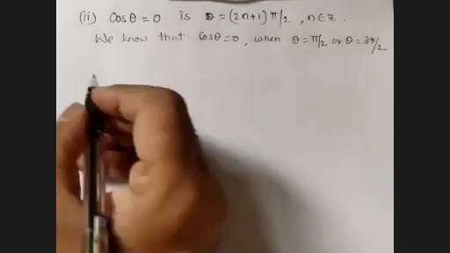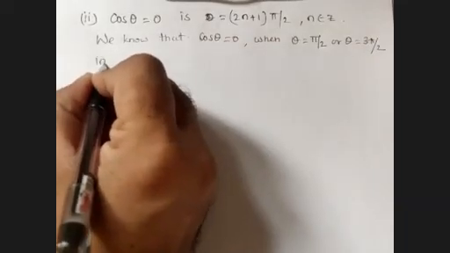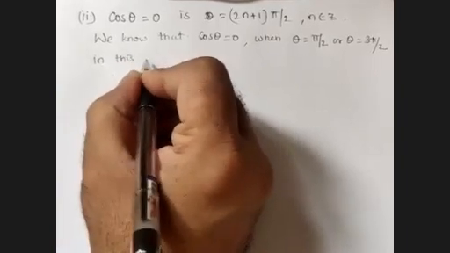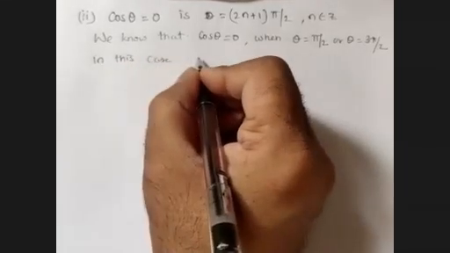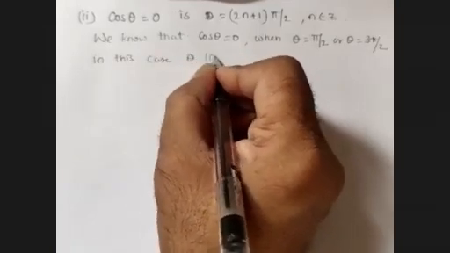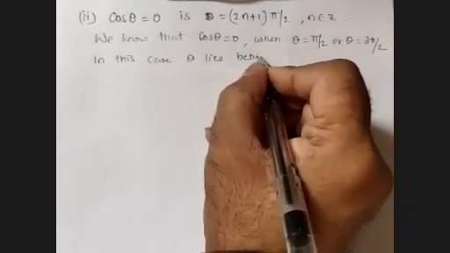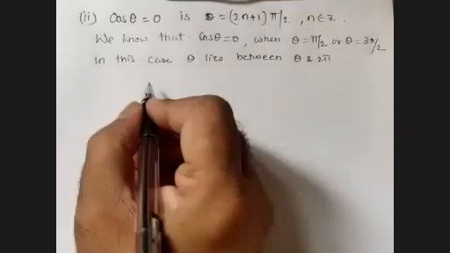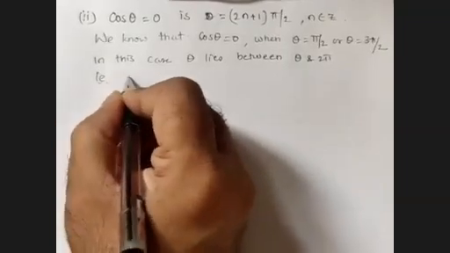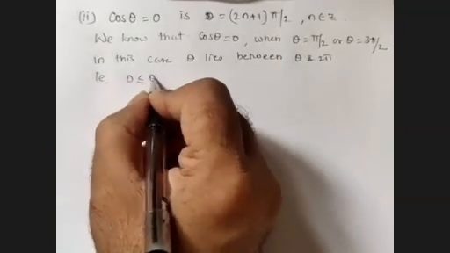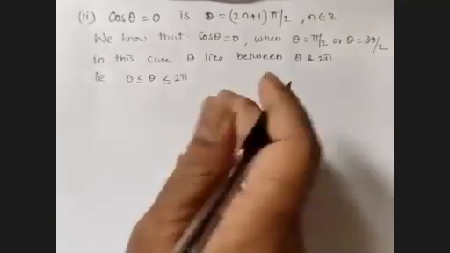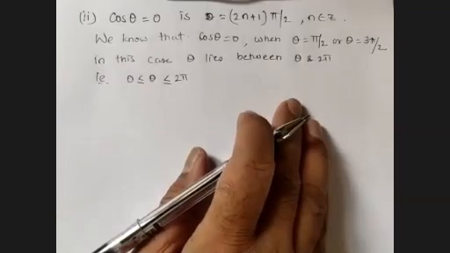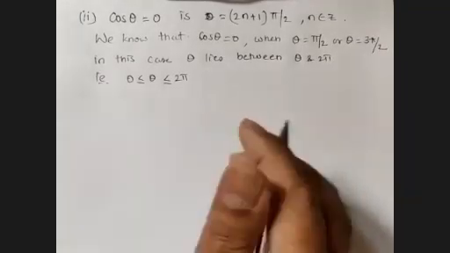So here in this case theta lies between 0 and 2 pi, that is 0 is less or equal to theta is less or equal to 2 pi. So this is the principal solution. Now we are discussing the general solution.